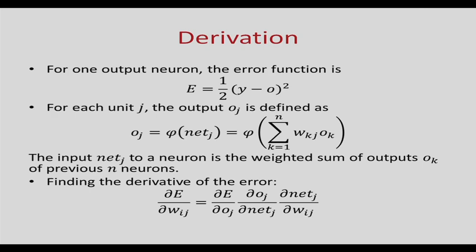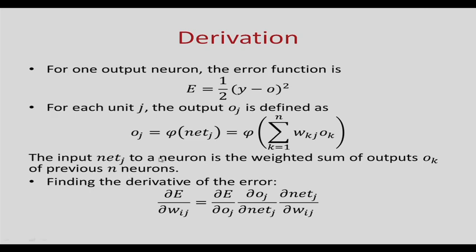As we have mentioned, phi could be a sigmoid function or tanh or ReLU or some such function, and wkj corresponds to those edges coming from the previous units to this unit. The input net j to a neuron is the weighted sum of outputs ok of the previous n neurons which connect to this neuron.